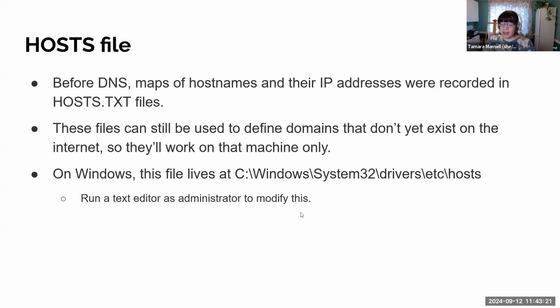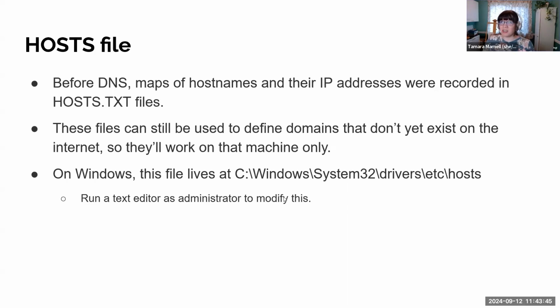And you can say, this domain, which doesn't actually exist in the domain name system, goes to this IP address. And when you do this, you will likely run into security warnings that you have to bypass. So make sure you know that you're going to the machine you actually want.